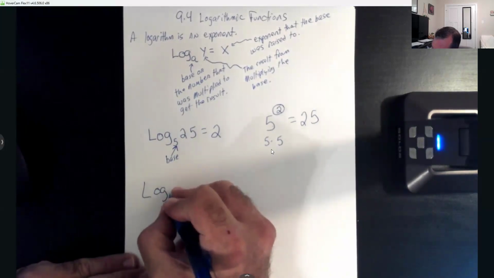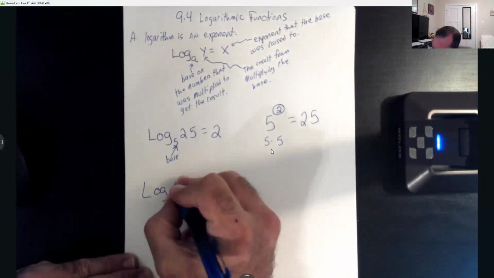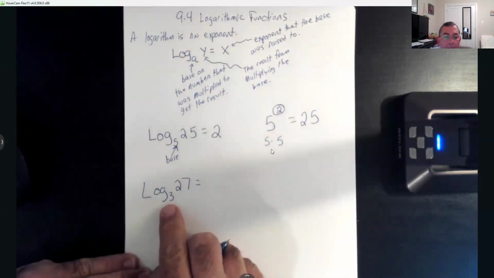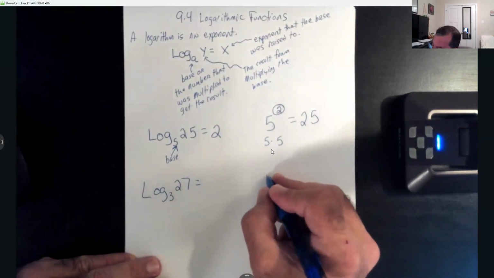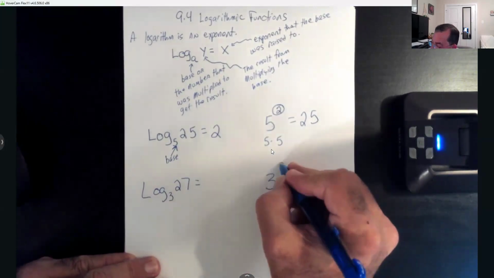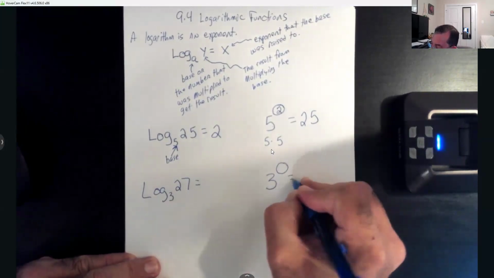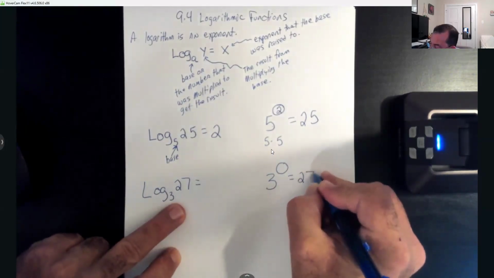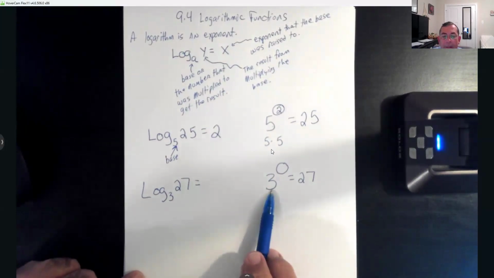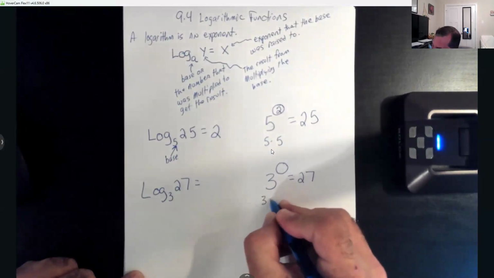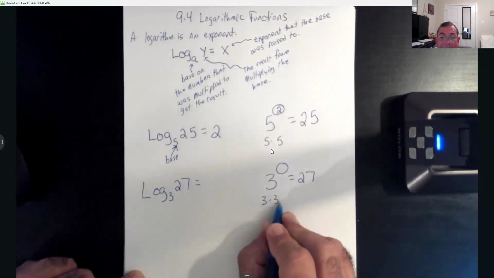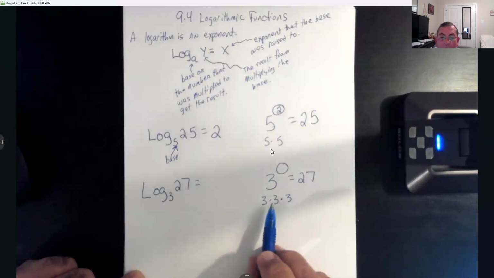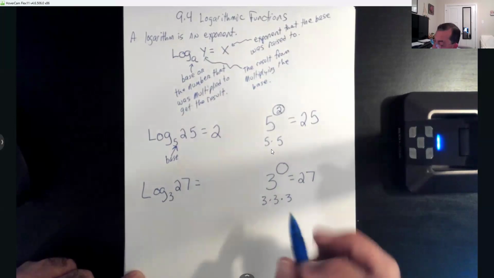All right, y'all try this one. Log base 3 of 27. So you're starting with a base 3 this time. We don't know the exponent, but we know that the answer was the 27. So let's see. We got 3 times 3. Well, that's 9 times 3. Well, y'all, 9 times 3 is 27.